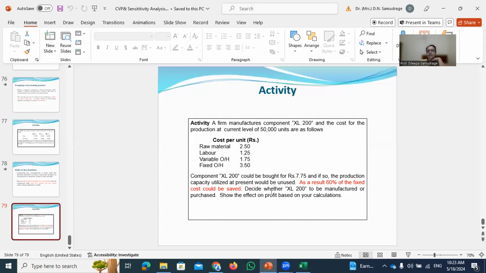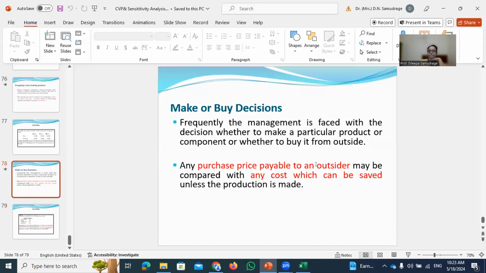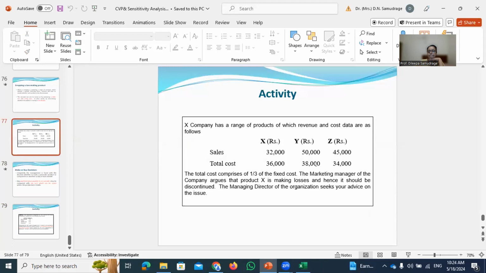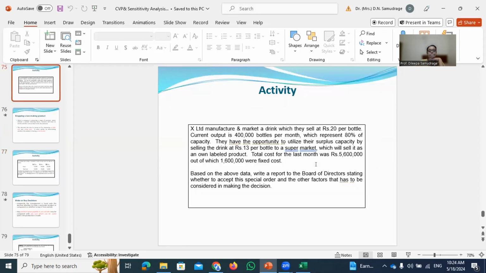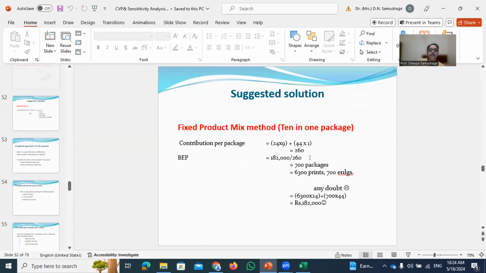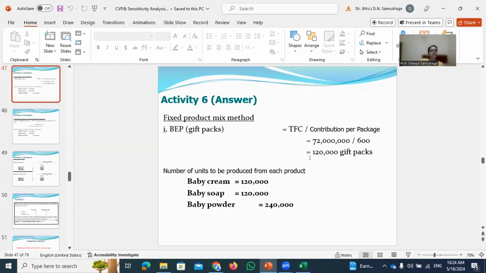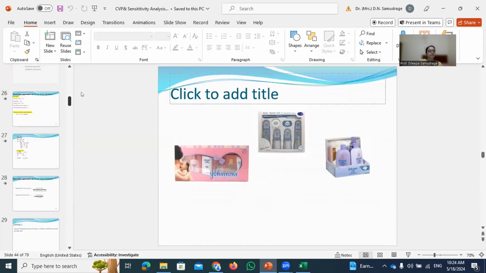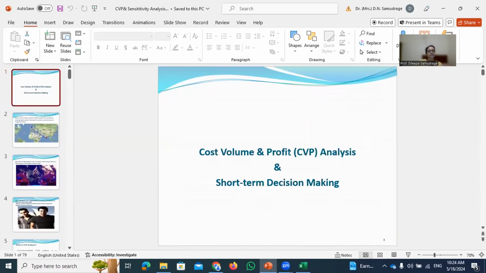This is the last activity. Anything that you want to clear about CVP analysis? Excuse me, madam. Yes.